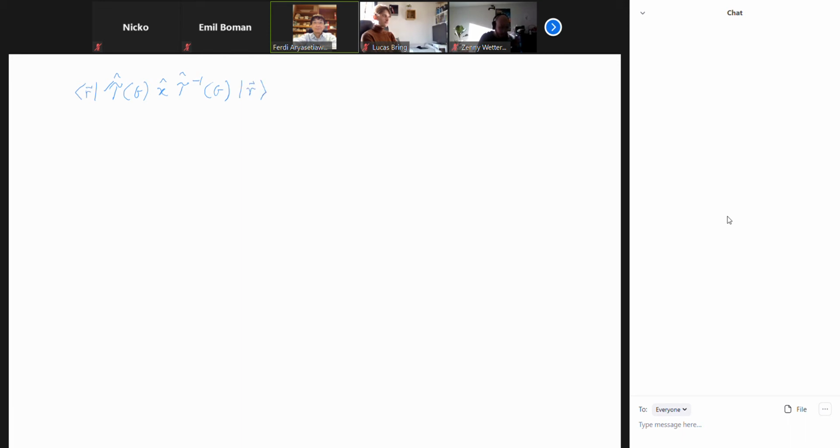So these are the position eigenvectors, because x is a position operator. So now we just use the definition of this operator. So then we get g^-1 r because it's acting to the left here. And this gives us g^-1 r like this.